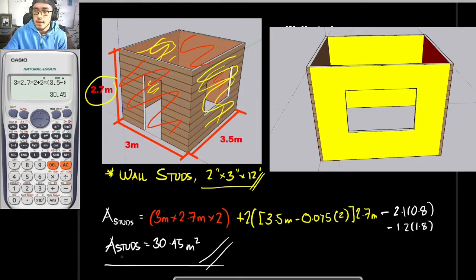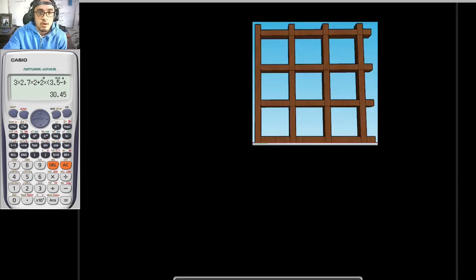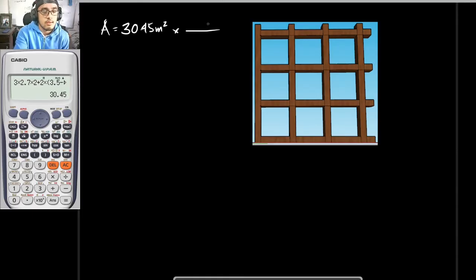After that, we must multiply it by our factor. So I will remove our 3-dimensional object first. What we must do is assume that we have a certain 1 square meter of area. Since we already know the area, 30.45 square meters, we must multiply this by the factor wherein we are to get the length.